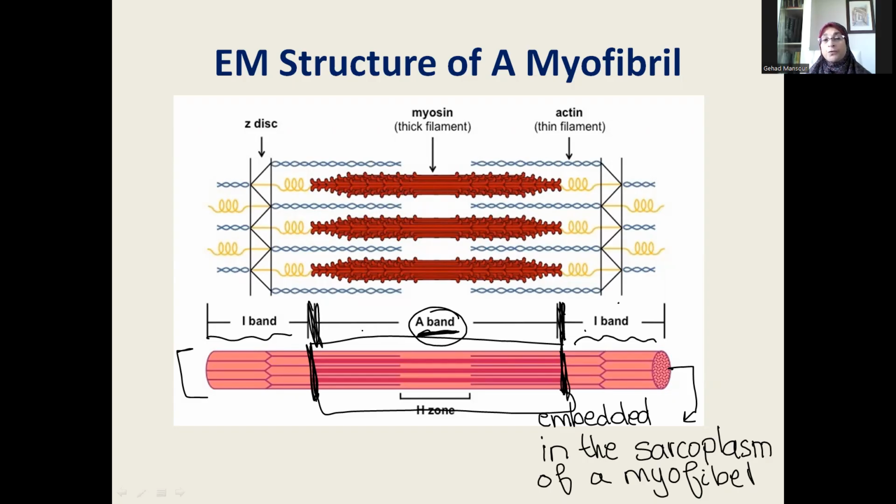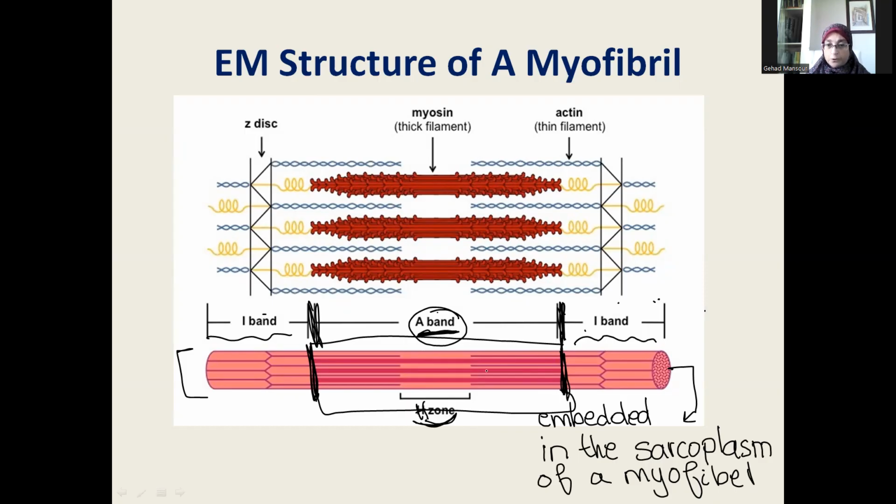And on both sides of the dark A band, we have a light I band. In the middle of the dark band, we have a zone that is called the H zone that lies in the middle of the A band, and that is less dark than the rest of the A band.